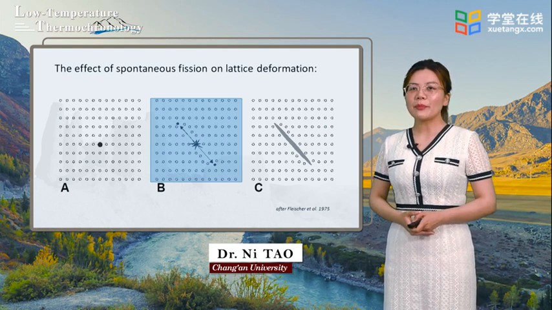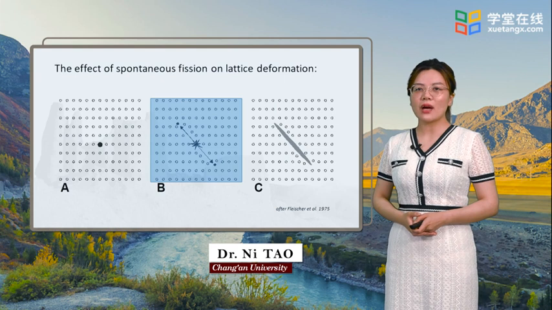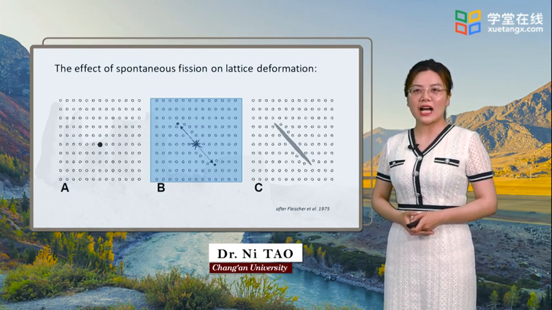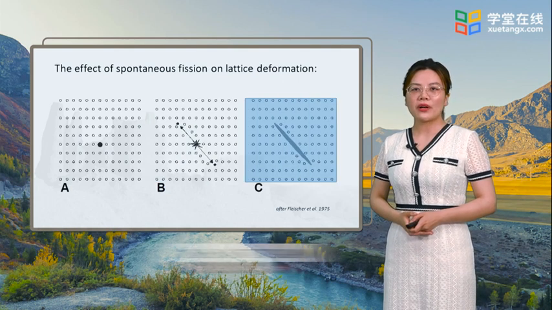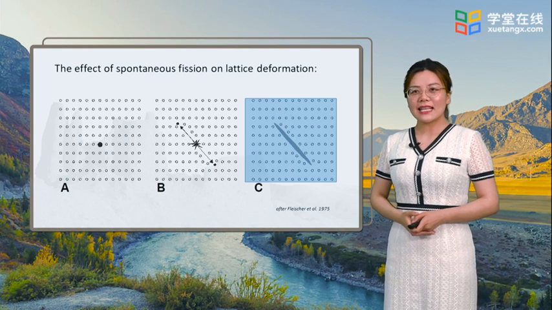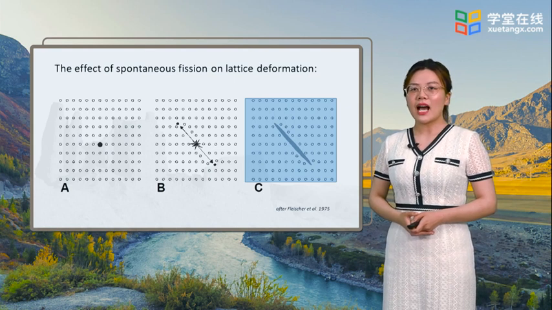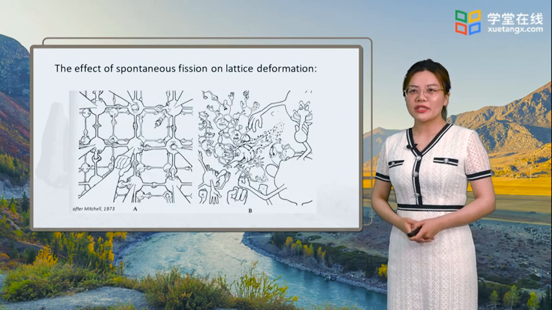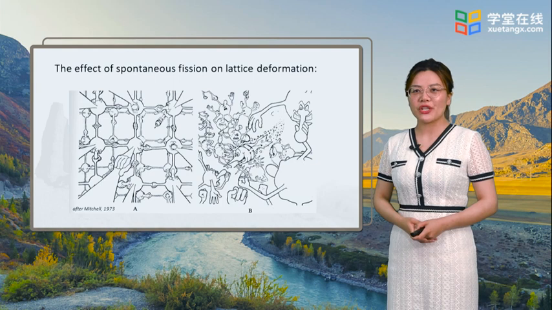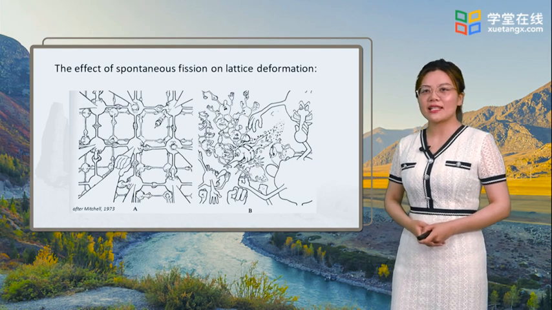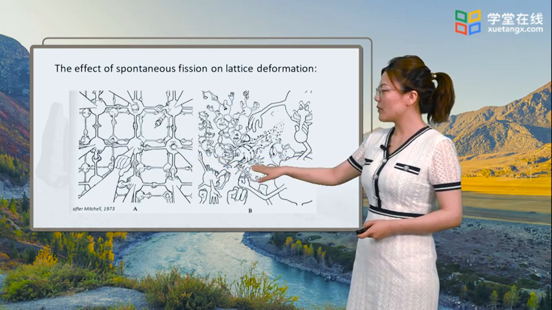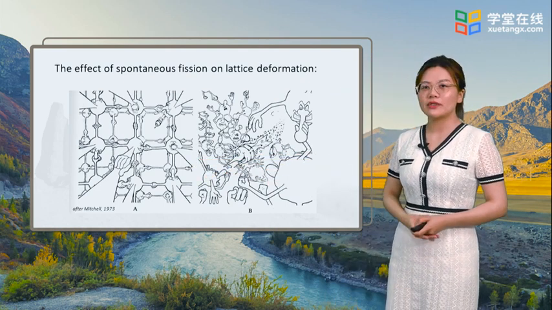They slow down and begin to interact by atomic collisions, further reducing the particles' energy until they come to rest, leaving a damaged trail or fission track. This cannot be observed optically unless chemically etched. The effect of spontaneous fission on lattice deformation is vividly expressed in this cartoon here. The original lattice starts to be deformed as a fission track is formed.